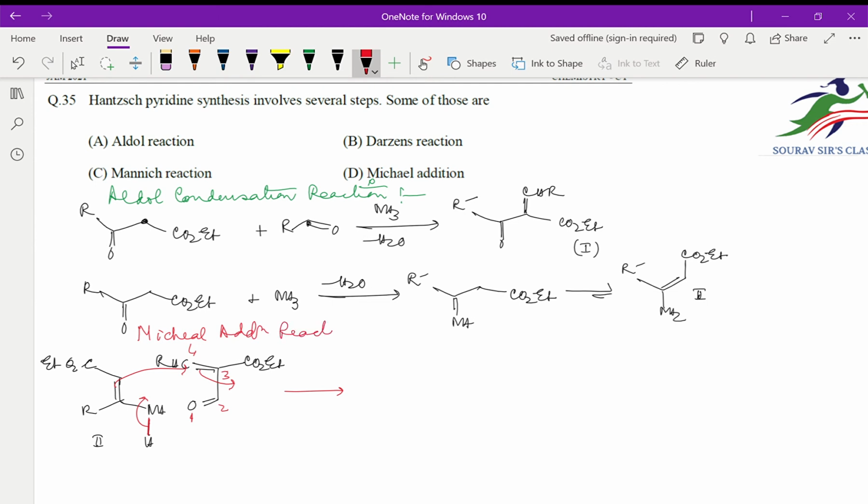Okay, so that means out here obviously we will say aldol is happening and Michael is happening. So let's complete the whole process. We will say this is going to be NH. This is my R prime, I'm missing that. So this is CO2Et.